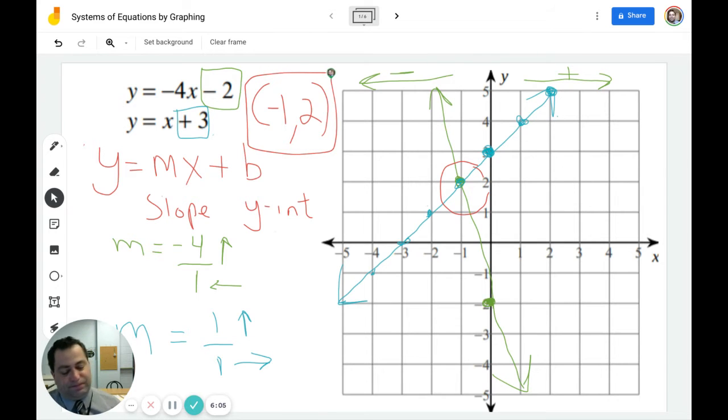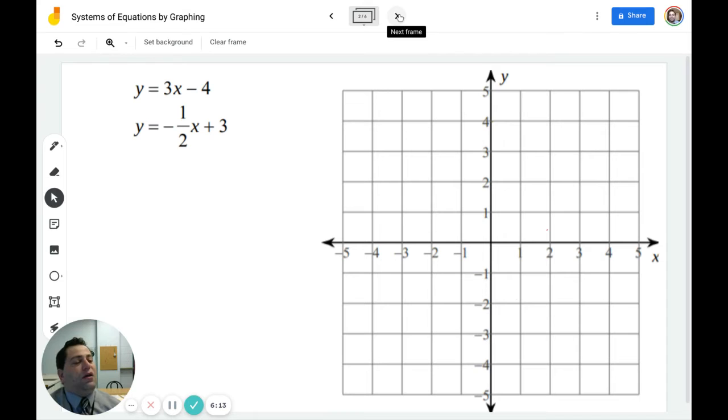Let's try another one. Here I have y equals 3x minus 4 and y equals negative 1/2 x plus 3. So if I'm looking at the first equation, I have a y-intercept of negative 4. And I can just put a dot.